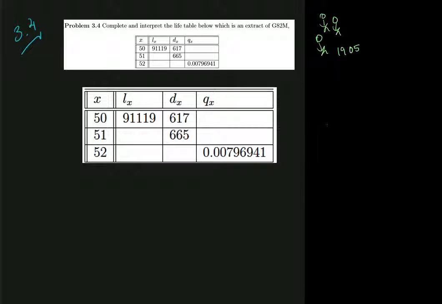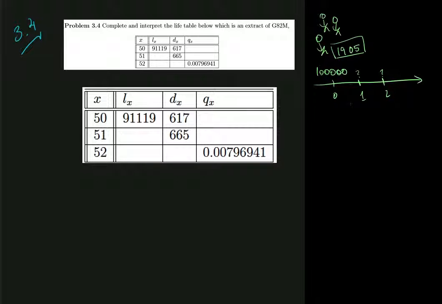And then we look at them and we say, okay, so we take 10,000 people from this year, or we take 100,000 people from this year, and at age 0, 100,000 of them are still alive. Then we count them. How many are still alive at age 1? How many are still alive at age 2? And so on and so on.